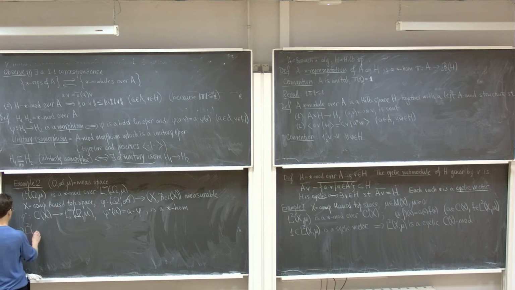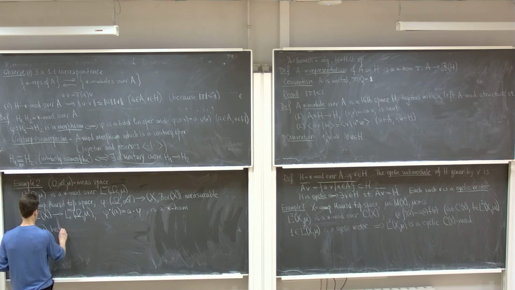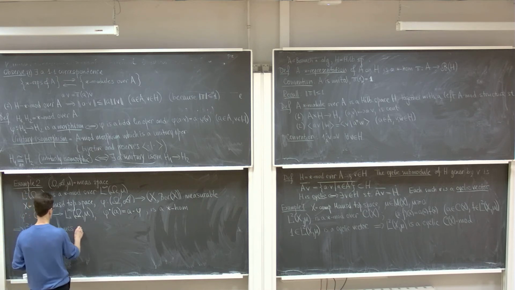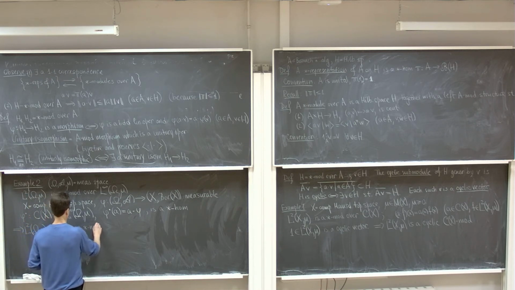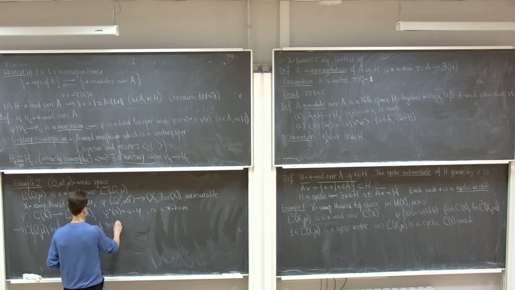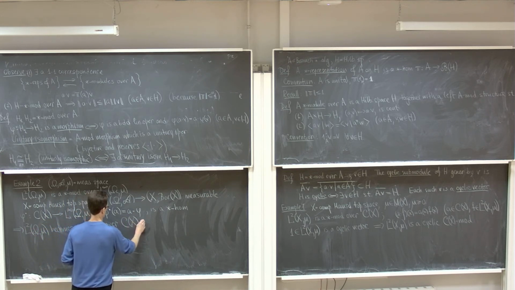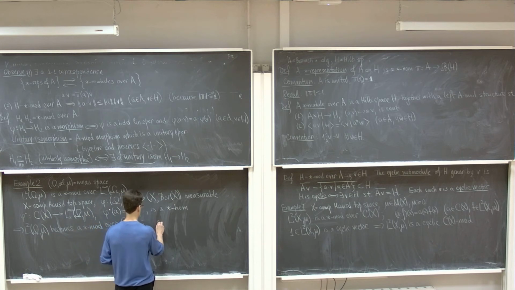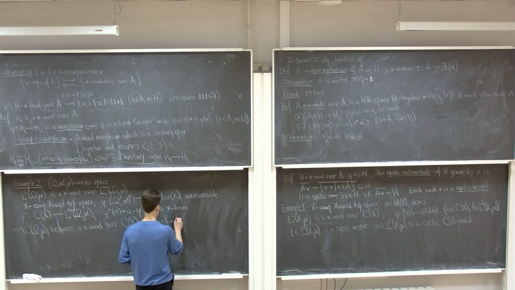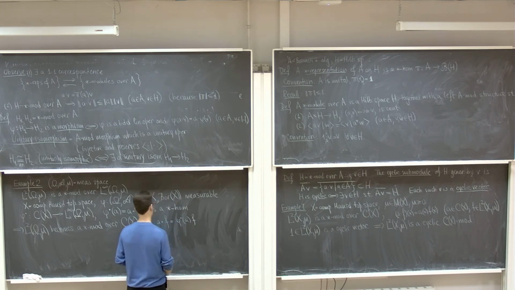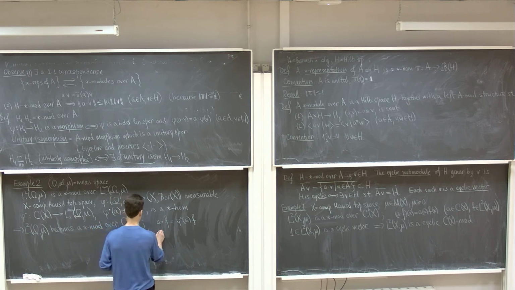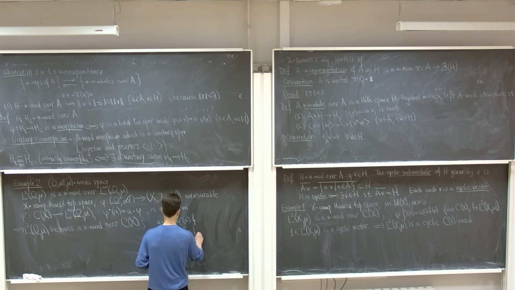L2 of omega becomes a star module over C of X. And explicitly, the action is given by the following formula. A F is the pointwise product of phi dot of A and F. Here A is a continuous function, and F is an element in L2 of omega.